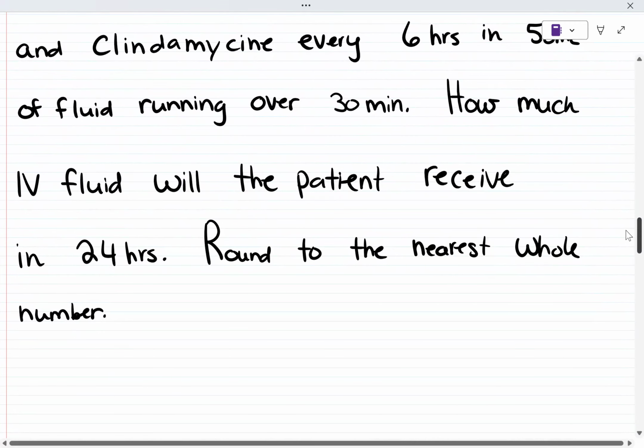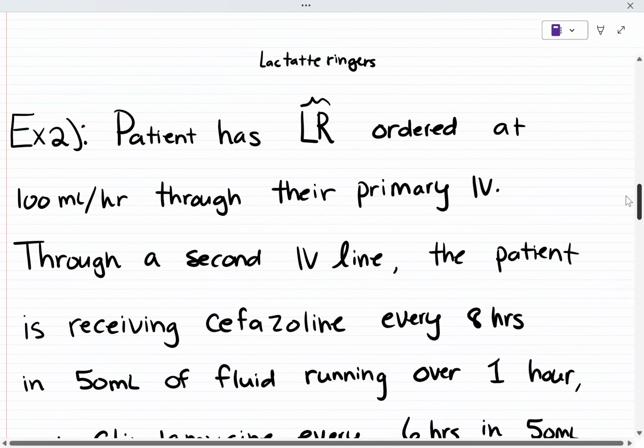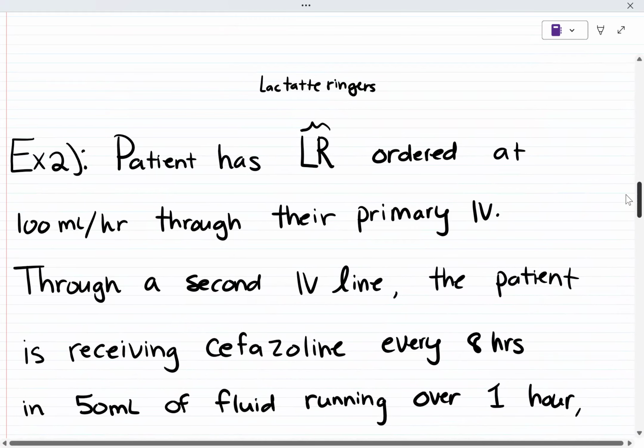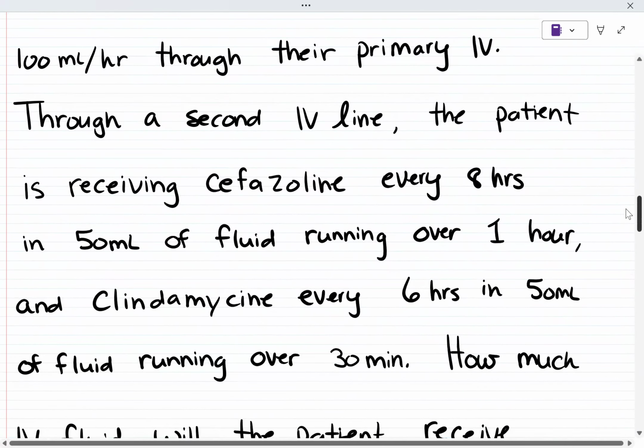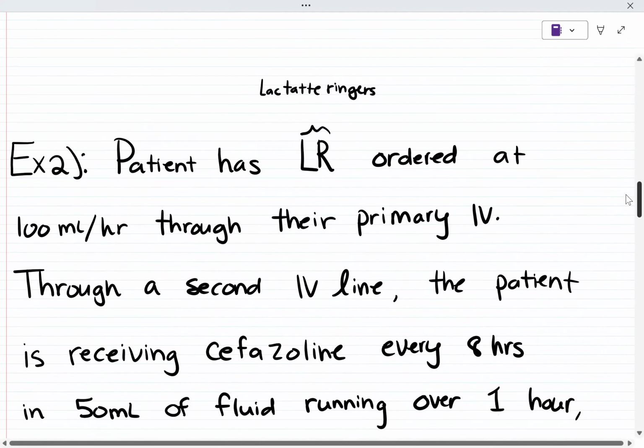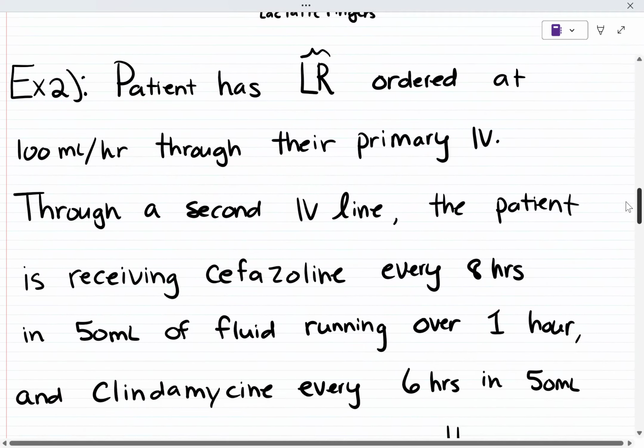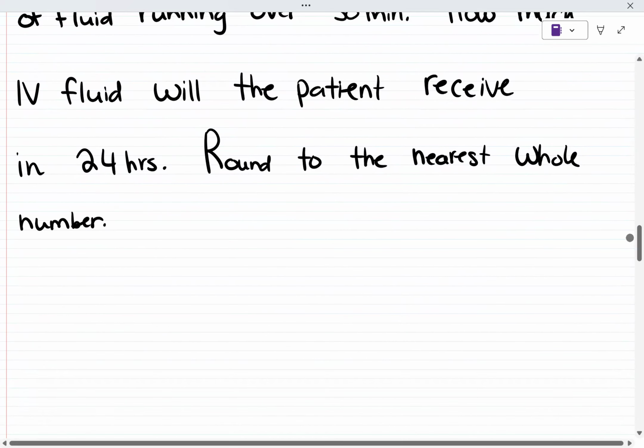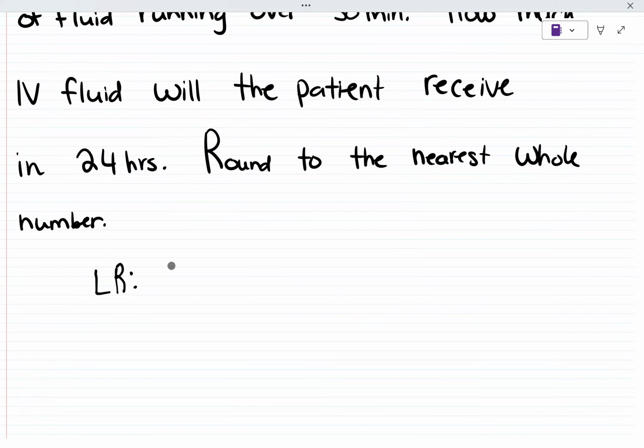So let's talk about the drugs. Let's talk about the lactated Ringer's. It was ordered at 100 milliliters per hour. So LR is 100 milliliters per hour.